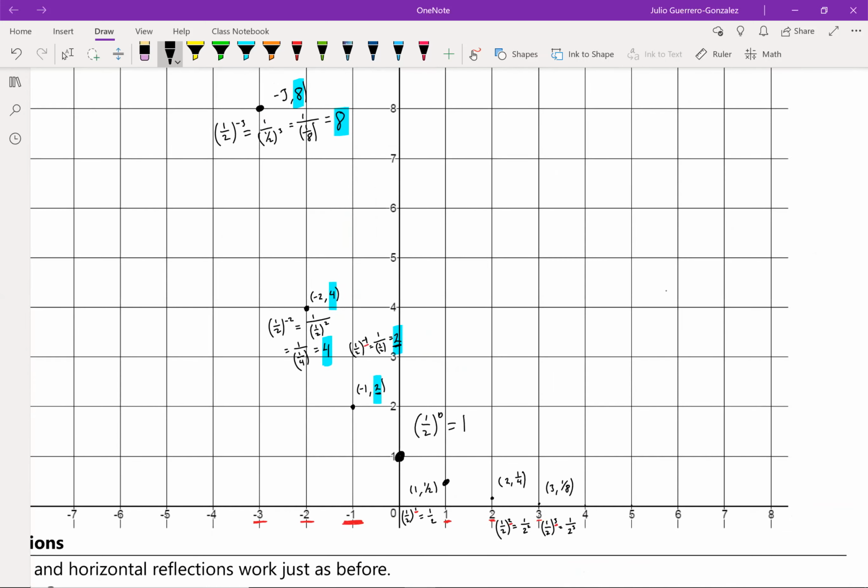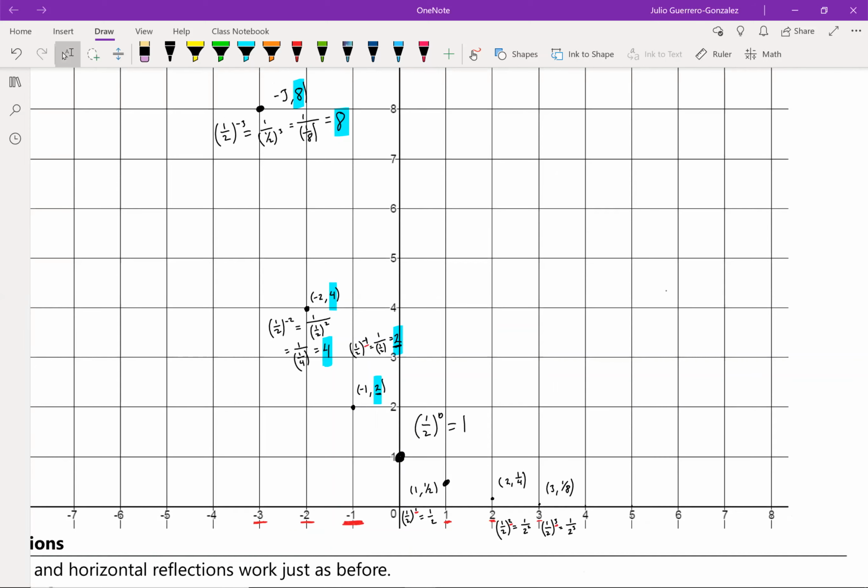For these in particular, choose the nice x value. So in this case, for all of these exponent graphing ones, you shouldn't be choosing other x values that aren't sort of like whole positive or negative numbers.